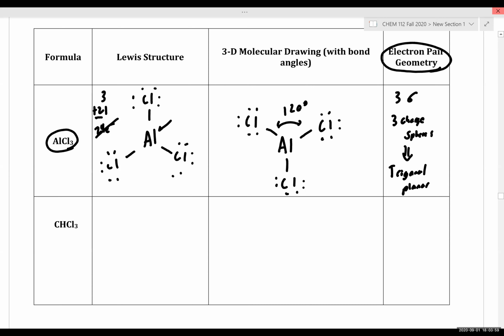So I'd like you now to review and to draw out the Lewis structure for chloroform. And I'd like you to tell me the electron pair geometry, and I'd like you to attempt to draw a three-dimensional picture for carbon tetrachloride that accurately reflects its bond angles.